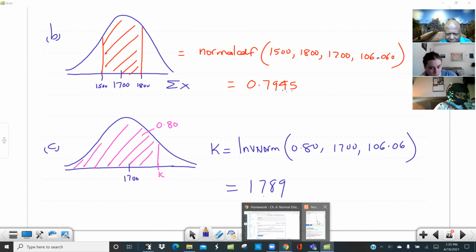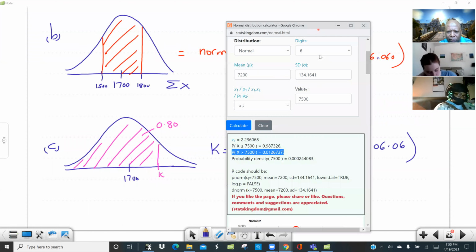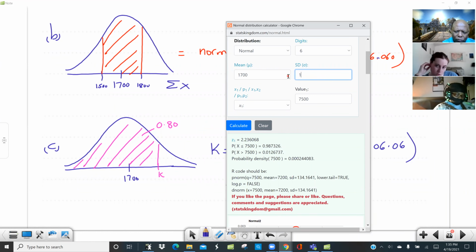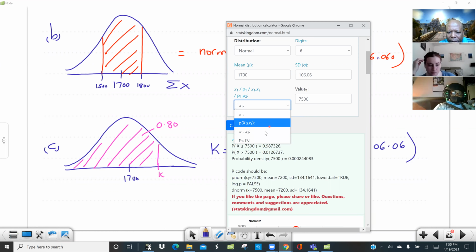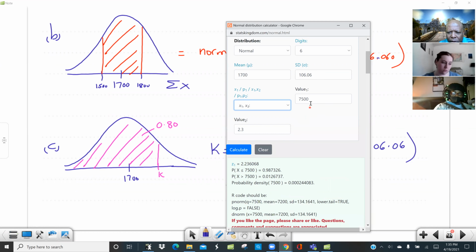Well, let's see. The mean is changed to 1,700. The standard deviation is changed to 106.06. And I would like to be between two numbers. I select X1, X2. The first one is 1,500. The second one is 1,800. And I say, I want it.